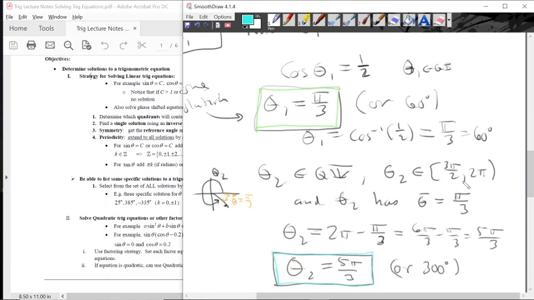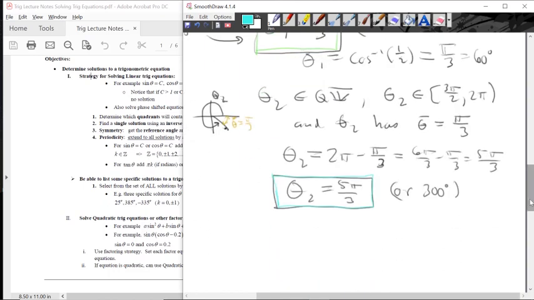Now you can check this in the original equation just to confirm that it works. The original equation was 2 cosine theta minus 1 equals 0, so we check: does 2 times the cosine of 5 pi over 3 minus 1 equal 0?